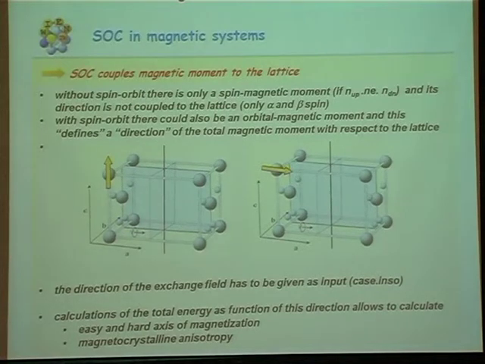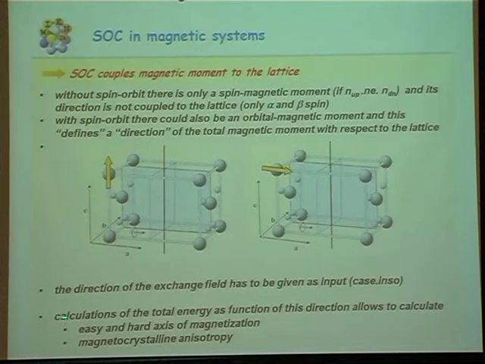Now, the problem when you want to calculate this is that you don't know a priori in which direction the magnetic moment wants to point. So you have to do the calculation in such a way that you define as an input in which direction you want the moment to point. So you define one calculation: let's make the moment along the z direction. You do your self-consistent calculation, including spin-orbit coupling, and you get out the total energy. Then you do a second calculation, letting the moment point in this direction.